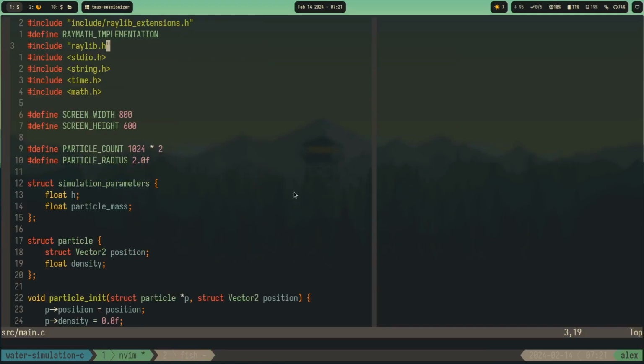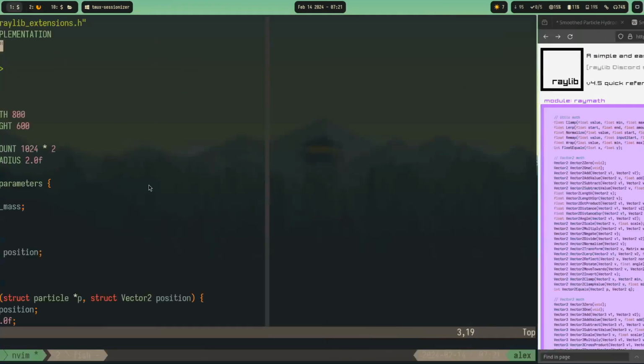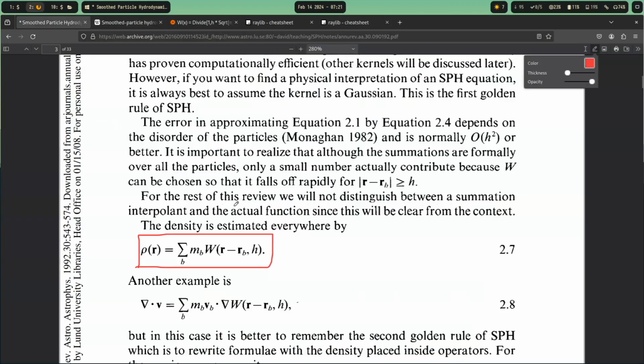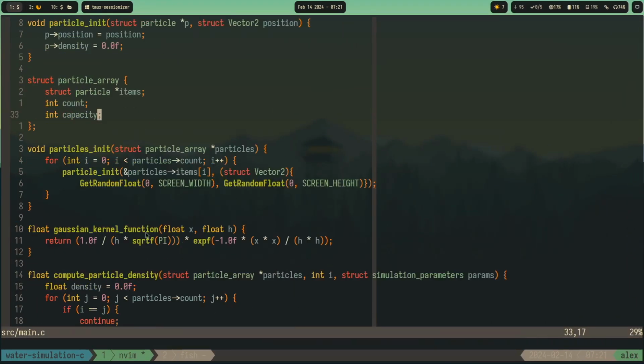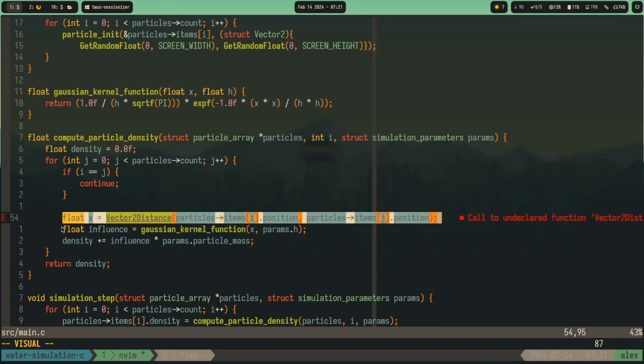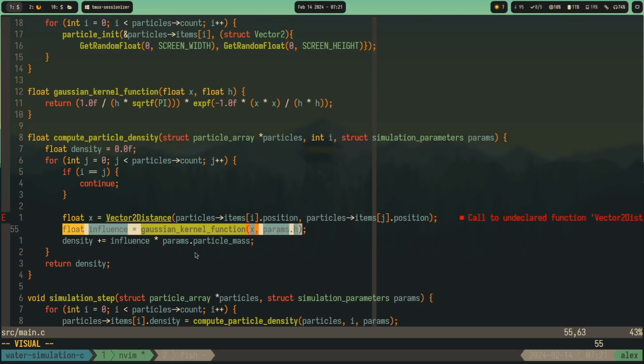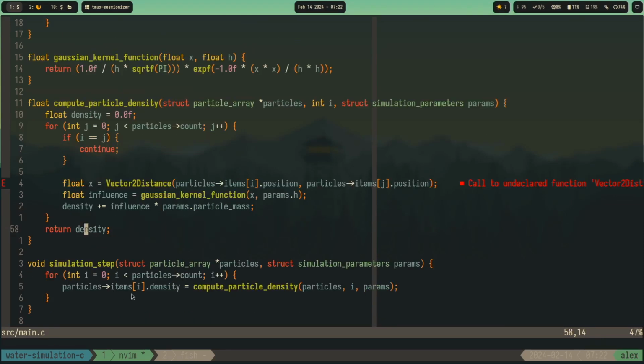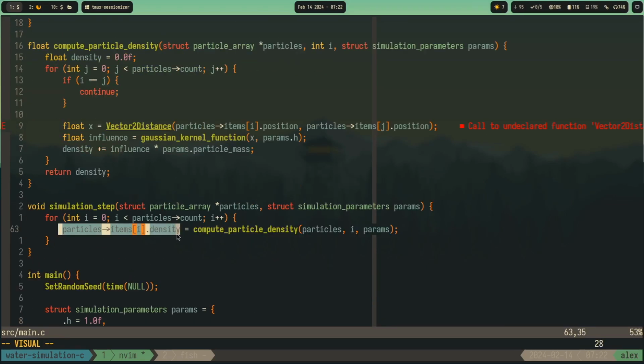Okay, anyway. So yeah, for the density, we get the distance, and we get back the density.